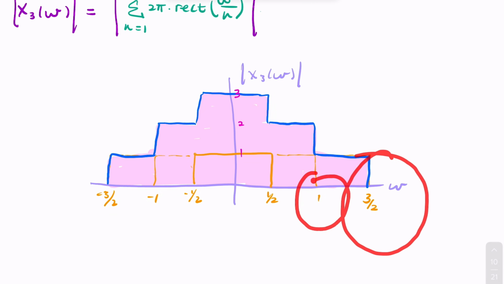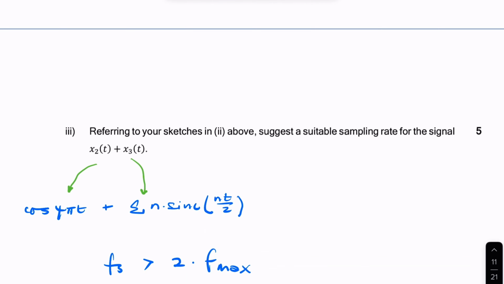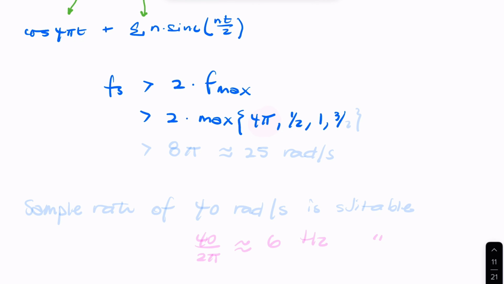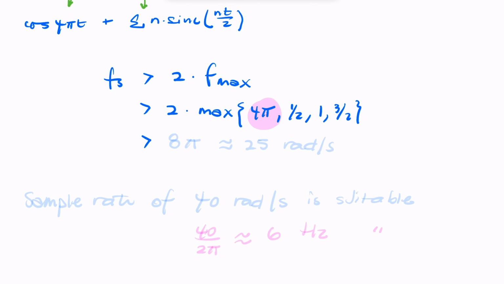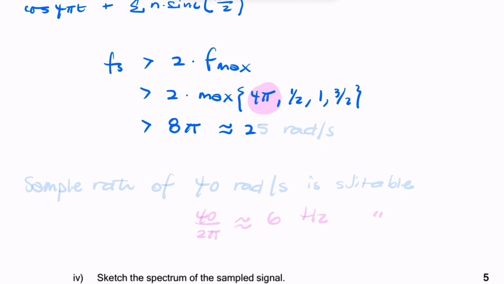And then the sinc functions have frequencies of 1 over 2, 1, and 3 over 2. So the largest of these is clearly going to be the 4 pi. So the sample rate is greater than 2 times 4 pi, which is 8 pi, which is roughly 25 radians per second, because pi is 3.14.